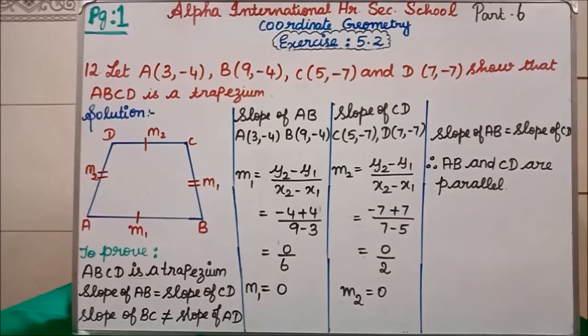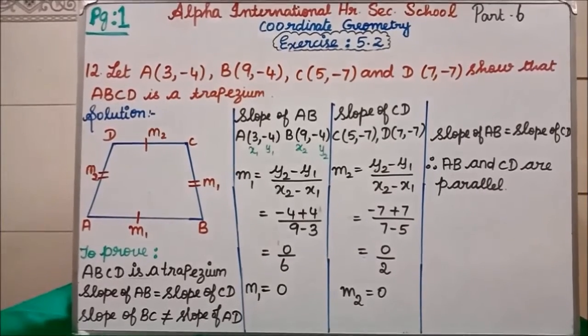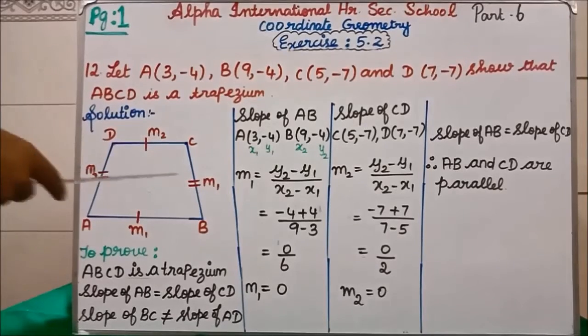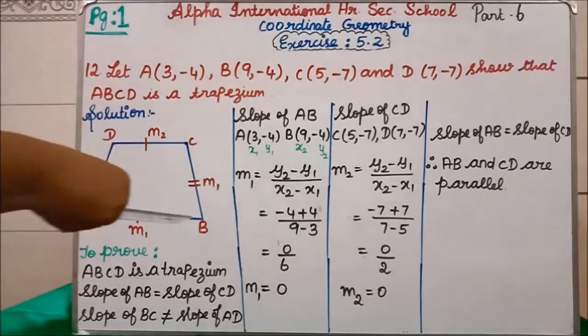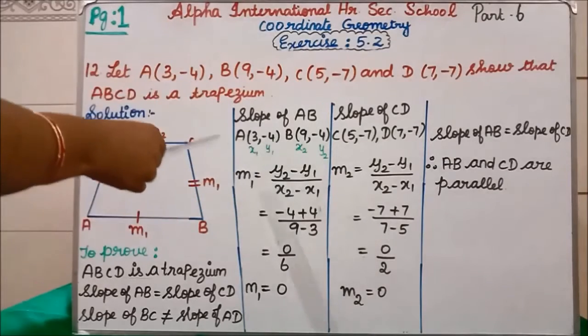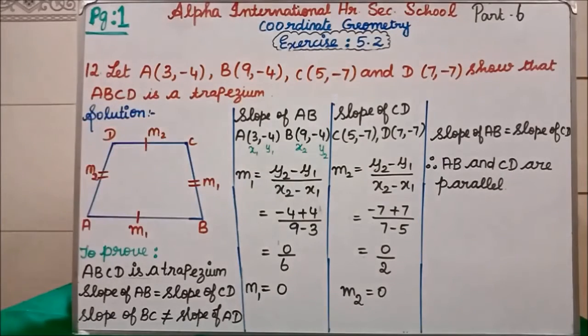Only then you can substitute the correct values. See here, y2 is what? Minus 4, y1 is minus, here also minus, so plus 4, divided by x2 is 9, x1 is 3. So 0 divided by 9 minus 3 is 6, 0 divided by 6 is what? 0. Next we are going to find slope of CD.